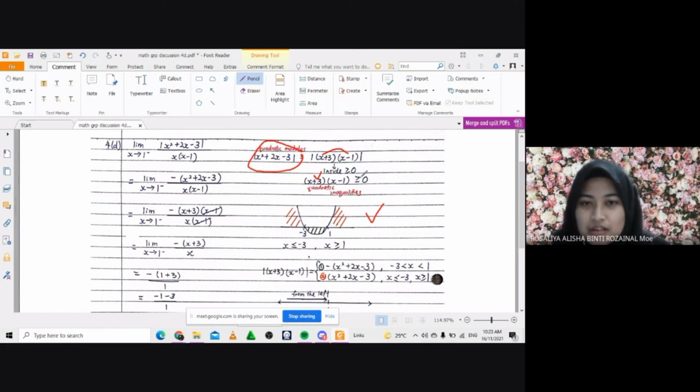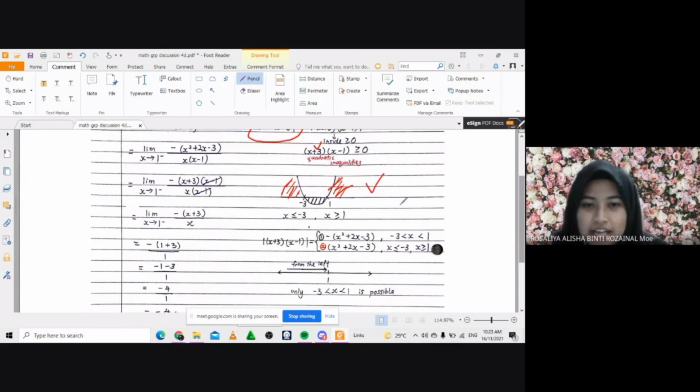So for x plus 3 and x minus 1 bigger or equal to 0, because it is bigger, we will draw here to indicate it is bigger or equal. And so x will be smaller or equal to negative 3, or x bigger or equal to 1.